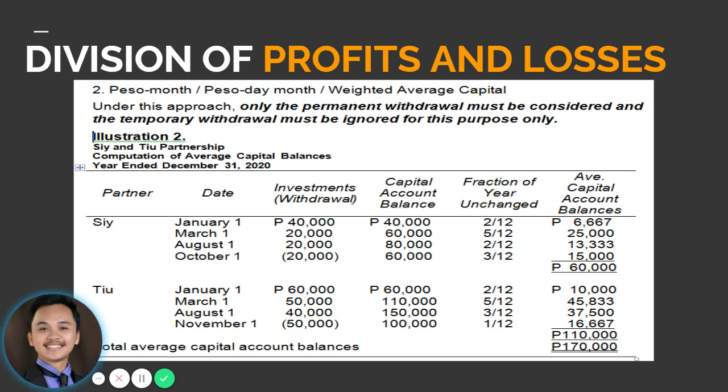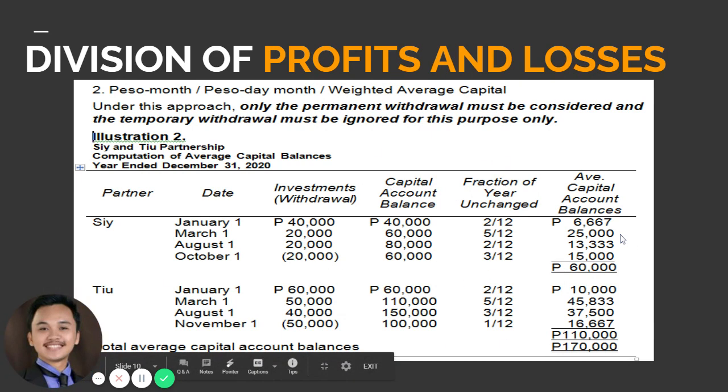Under this approach, only the permanent withdrawal must be considered and the temporary withdrawal must be ignored. So we need to consider that temporary withdrawals will be disregarded in computing your weighted average capital.